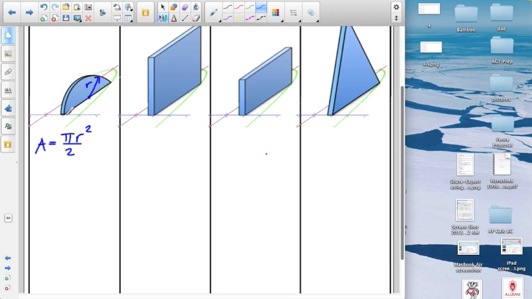If we look along the bottom of the semicircle, which is the diameter, that diameter extends from there up to the function f of x. So we actually have an expression for the diameter: the diameter is f of x.